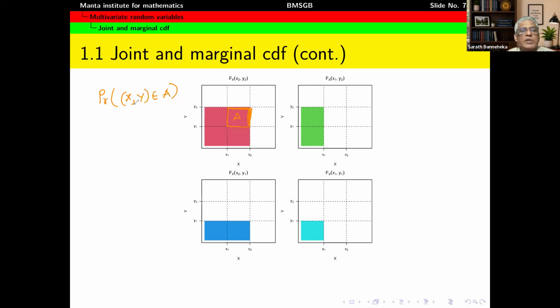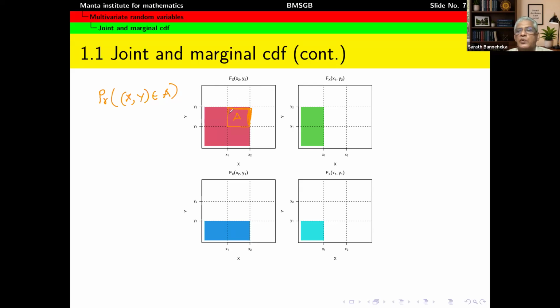If we want to find the probability that the (X, Y) point is in this particular A, you can first find the probability that the (X, Y) point is in this whole area.